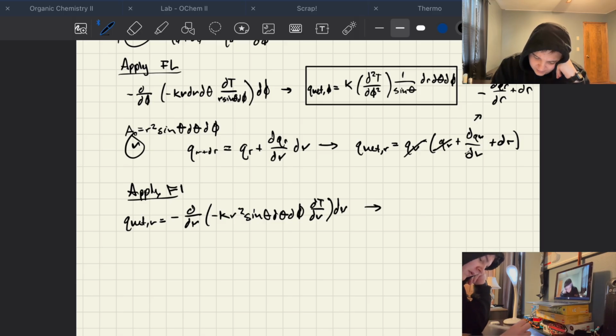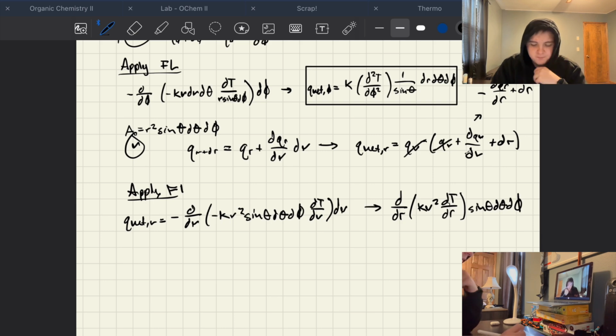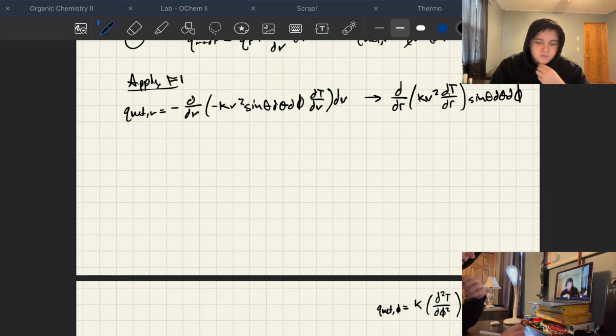Then we can simplify this to be d/dr of k r squared dT/dr, and then volume. Okay, cool. That was easier than the first one for sure.